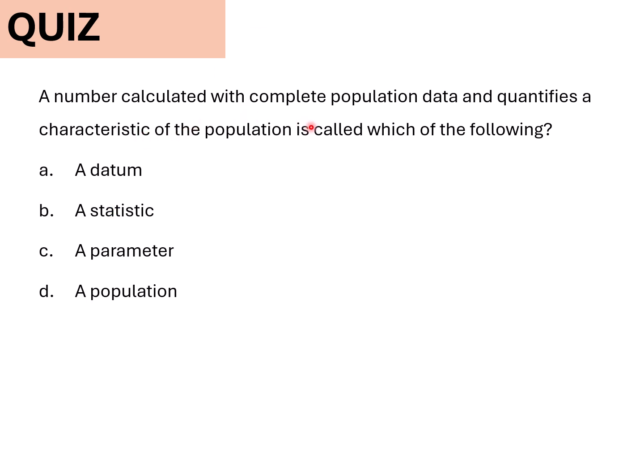A number calculated with complete population data that quantifies a characteristic of the population is called which of the following? A datum, a statistic, a parameter, or a population? The correct answer is a parameter.